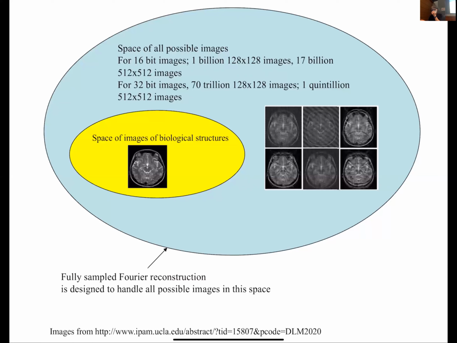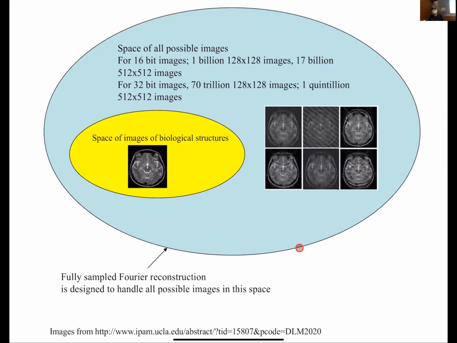So if I had a 16-bit image, then the space of all possible images is about 1 billion if I have a 120 by 100 image, because you imagine all the values that all those images can take on. It's a very big space of possible images. If I have a 512 by 512 image, it's like 17 billion possible images. If I go up to a 32-bit image, now I've got 70 trillion or 1 quintillion images. So a huge space of possible images, right?